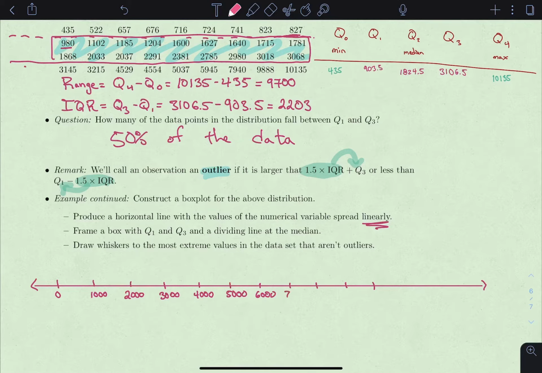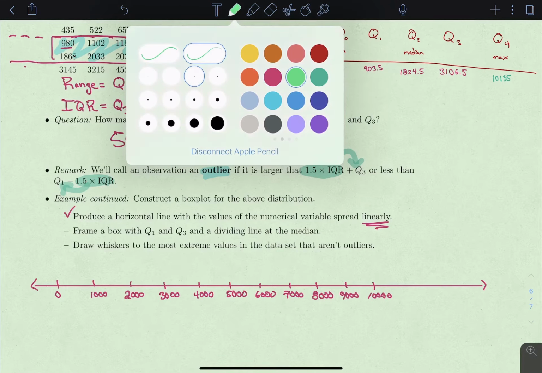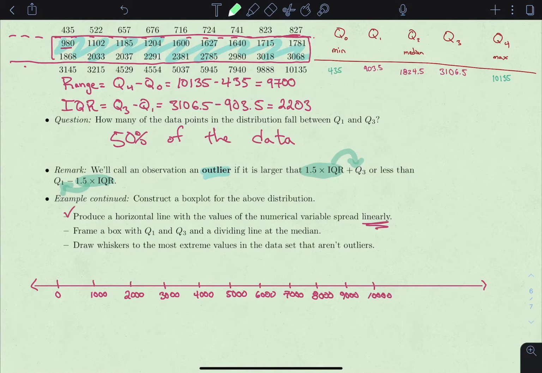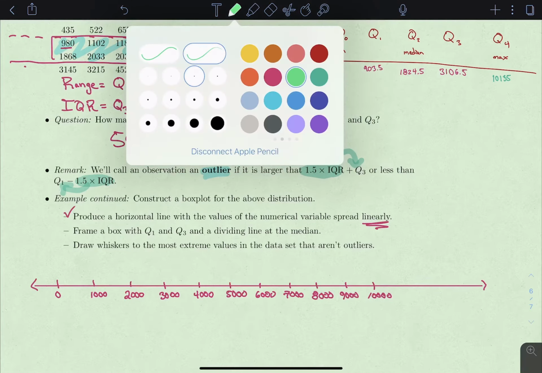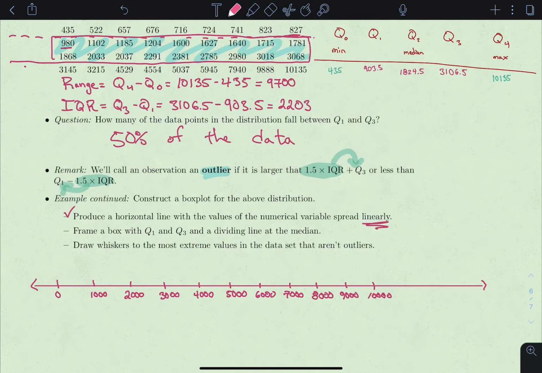If we find some more data, we'll have some room for it. Okay, great. So we have produced a horizontal line with the values of the numerical variable spread linearly. So we could label that, right? That might be a good thing to do. What do they call this? Square miles.